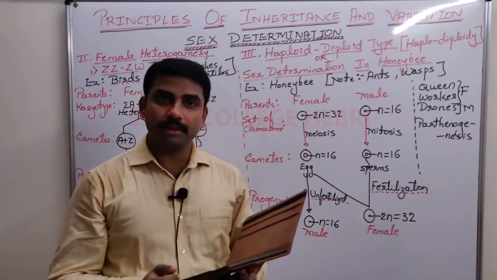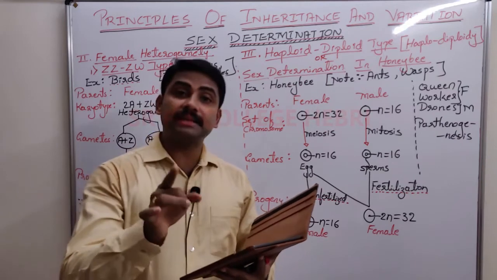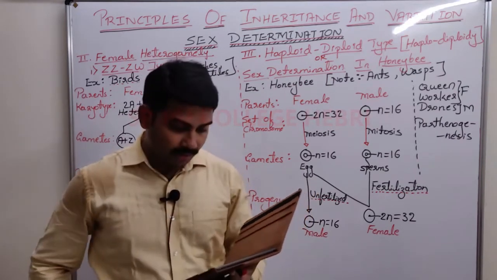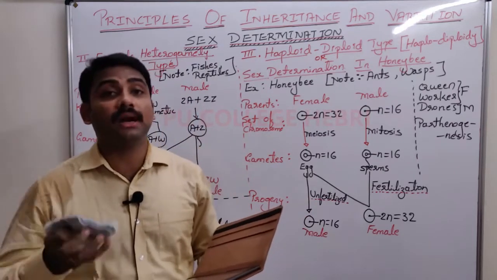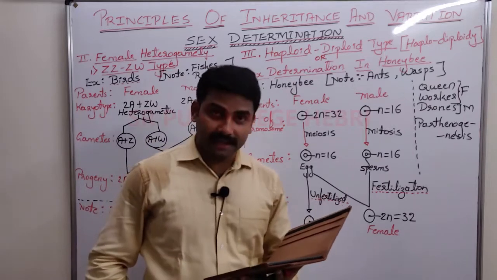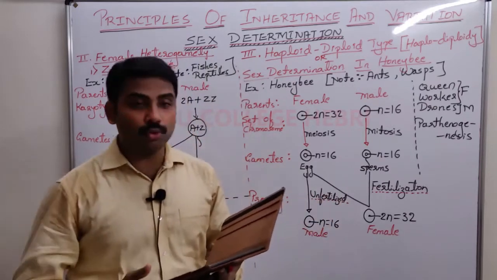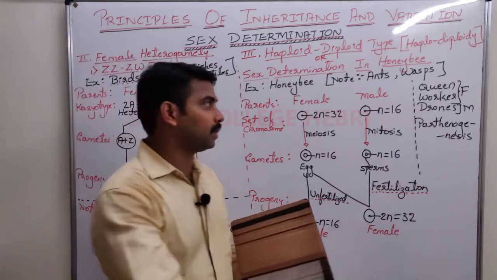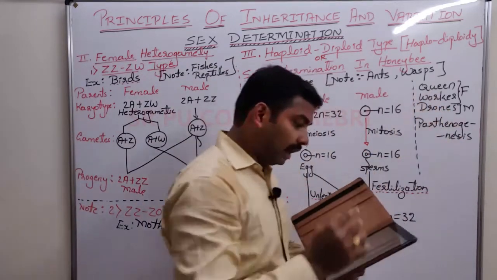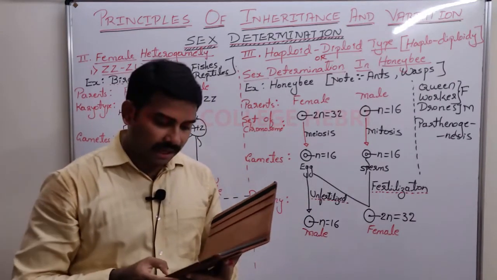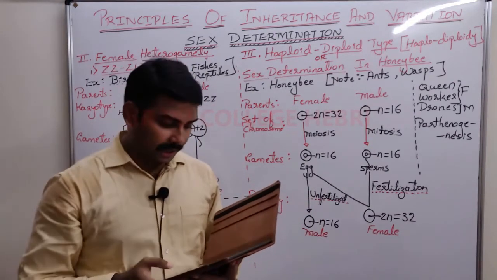Continue the line. Hence females are diploid, in bracket 2n, and have 32 chromosomes. Continue the same line. Queen and workers are females. Next line.